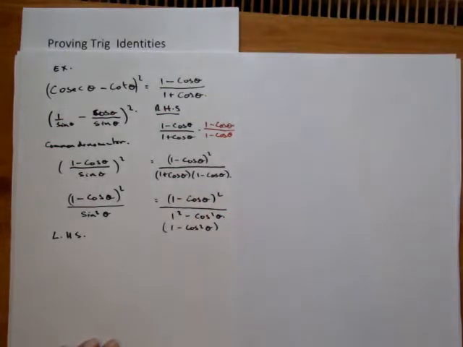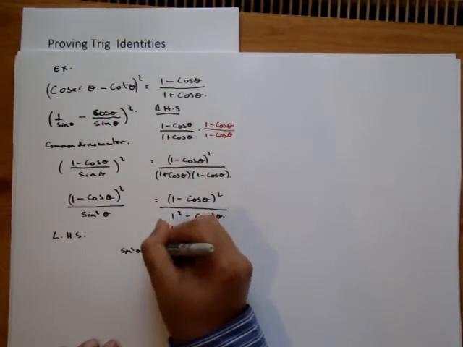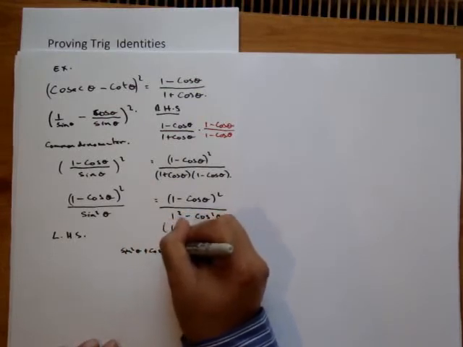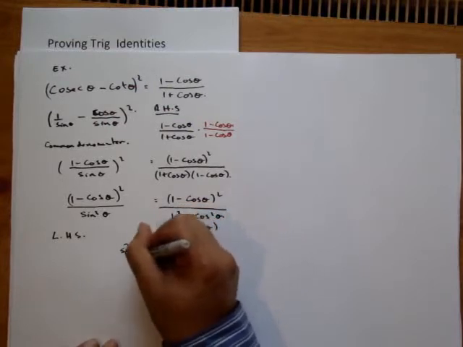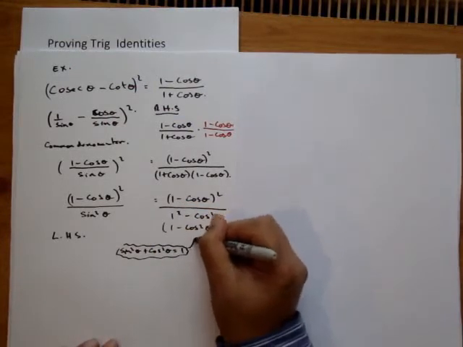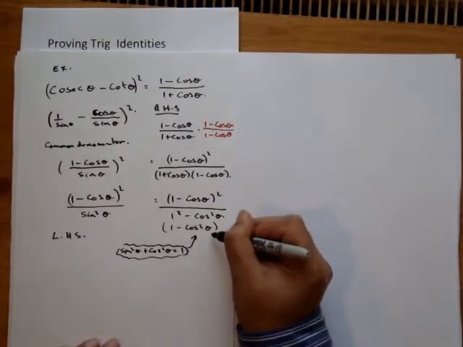Now from our identity, sine squared theta plus cos squared theta equals 1, this becomes sine squared theta.